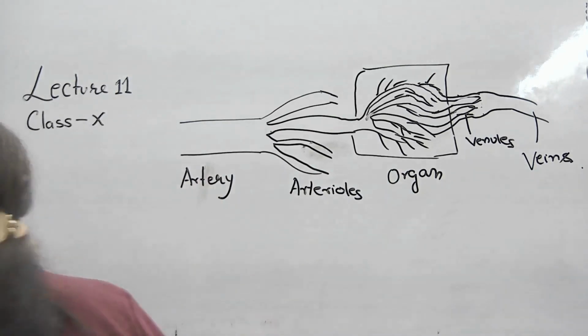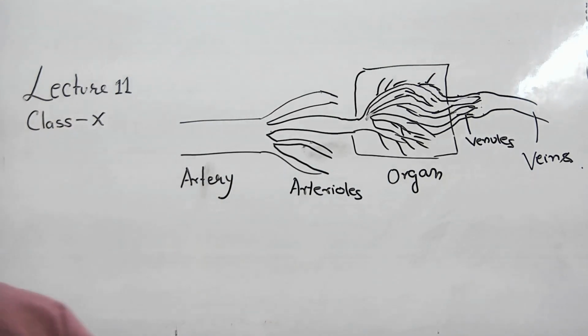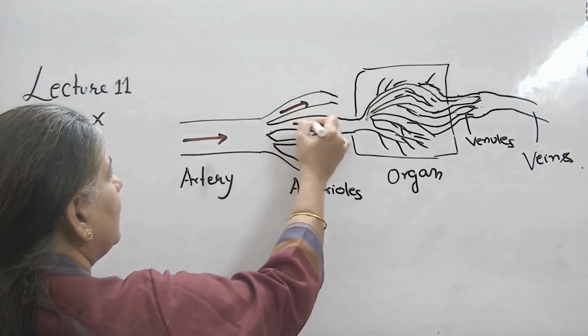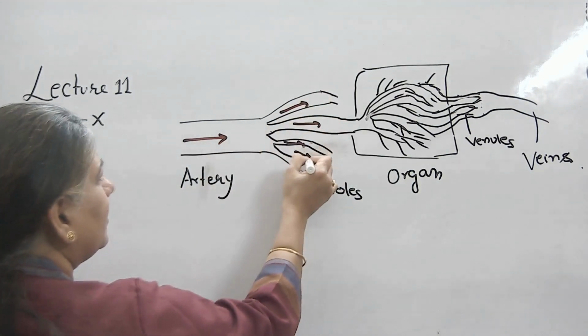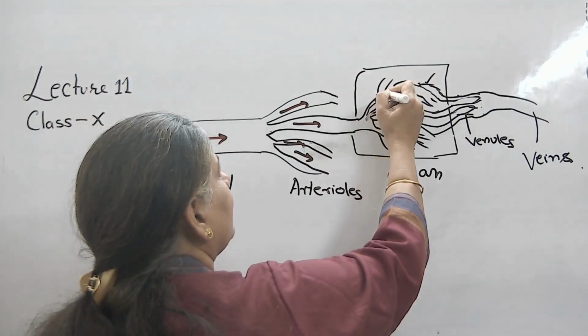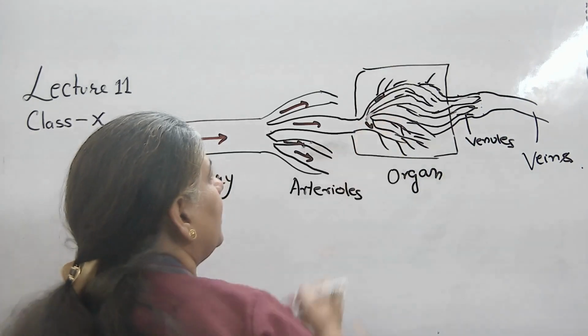So blood flows in this way: artery, then arterioles, then diffusion takes place. So the blood flows here.